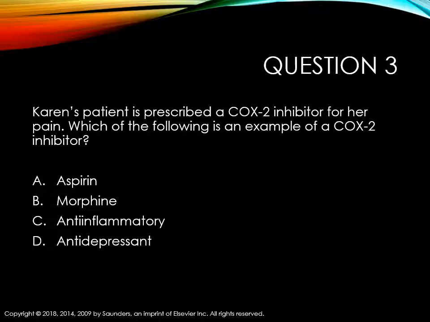Is it A, aspirin, B, morphine, C, anti-inflammatory, or D, antidepressant? The correct response is C. In your textbook, table 31.2, page 604, provides you examples of COX inhibitors. Anti-inflammatories fall into this category.